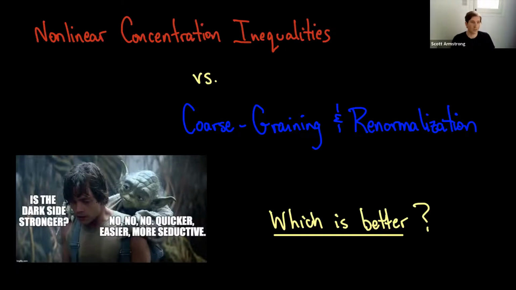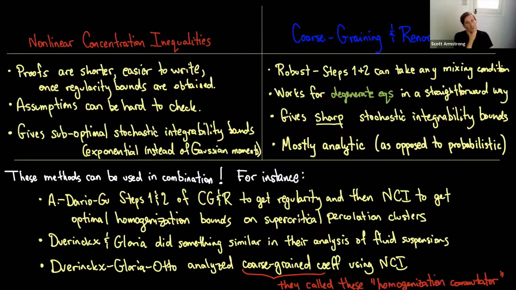Okay, so just very quickly, I'm not going to surprise you by trying to convince you that the coarse-graining method has advantages. Some of its advantages, just really quickly because I'm running out of time, are that the first two steps, which were the easy part of the whole program, are super robust and can be applied to many different kinds of problems.